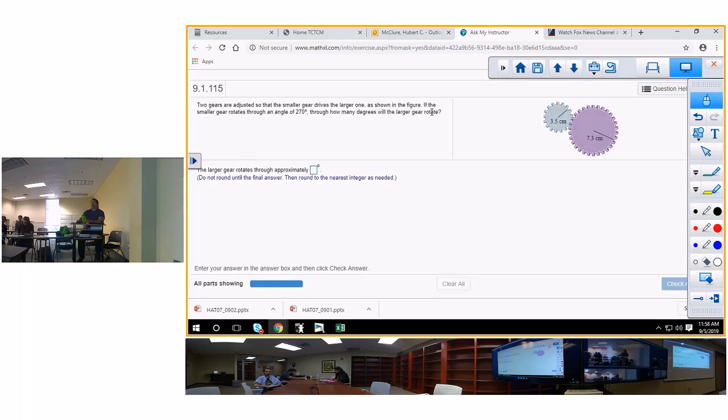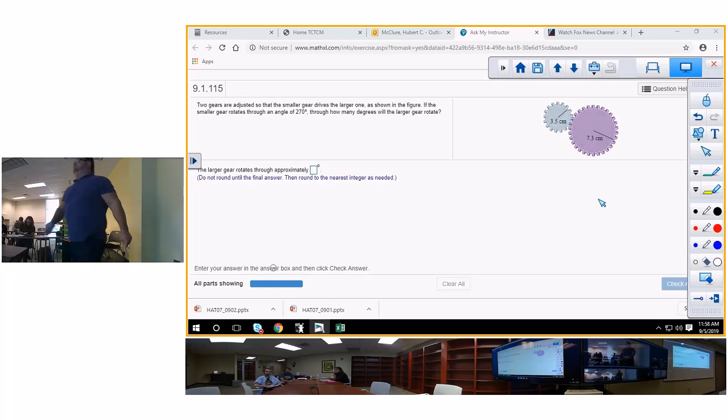Okay, so the first thing you got to figure out is what's the distance on this gray gear. It's going to be 270 times 3.5. But 270 is 3 pi over 2. So they give you a little bit of ease by giving you 270 degrees.